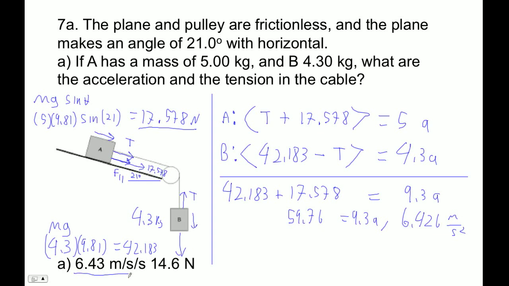Okay, but now we've got to figure out what the tension is, right? Okay, so what will we do? I think I'll just use this guy here, right? We'll use this formula. I'll rewrite this formula, right? T is going to equal 5A minus 17.578, right? So that's 5 times 6.426 minus 17.578.